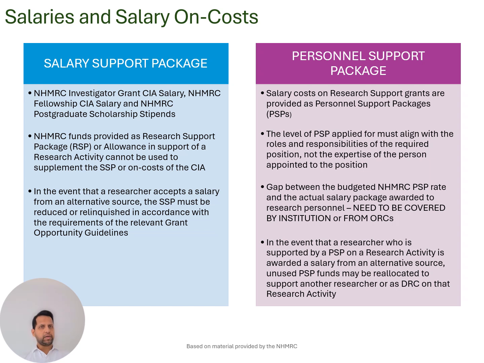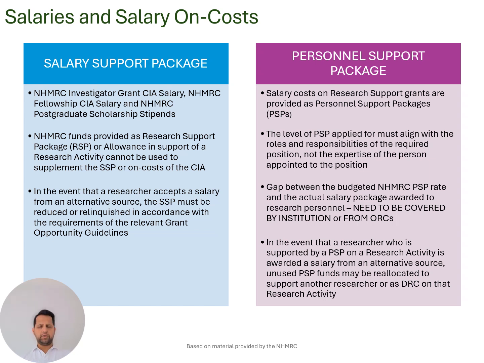For NHMRC investigator grants, you also get a research support package that cannot be used to offset the on-costs of the CIA. For investigator grants, the salary support packages that you get are based on the level you apply for, and you get a specific RSP for that particular level that you get awarded for.